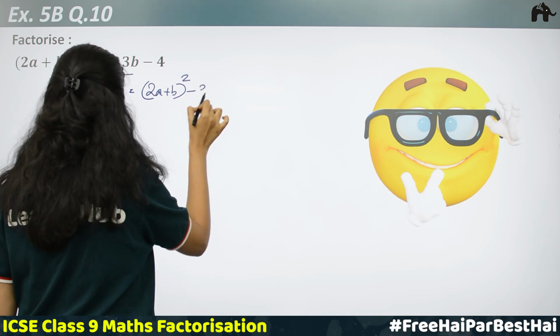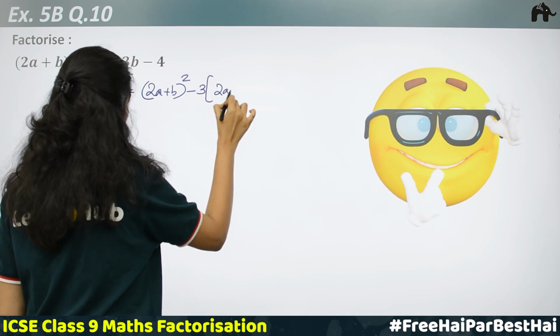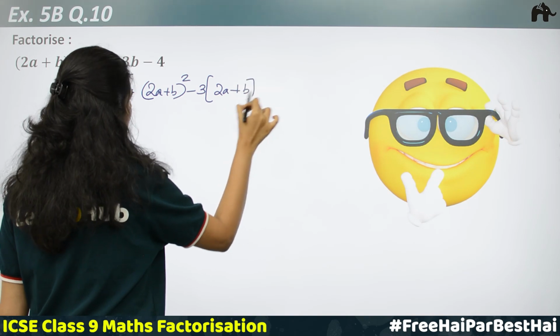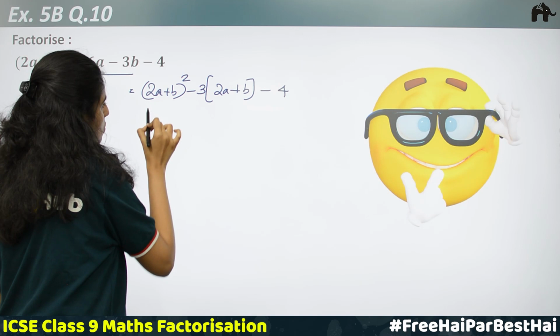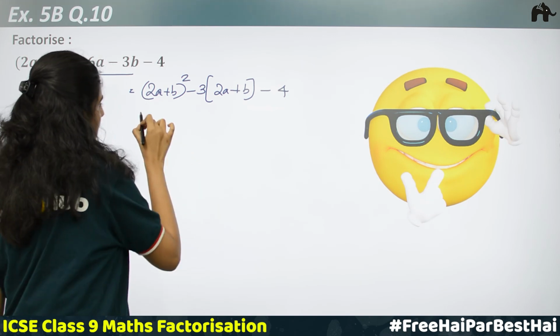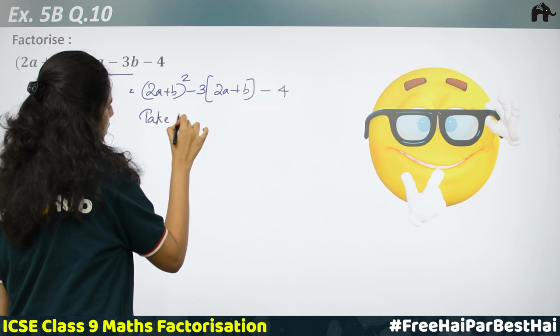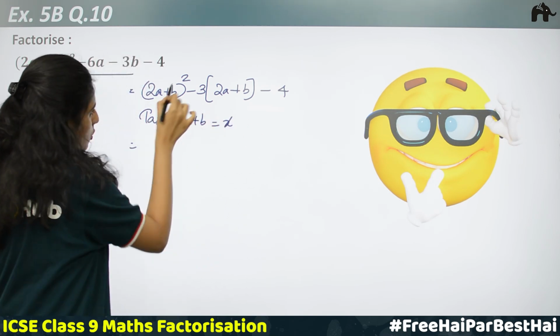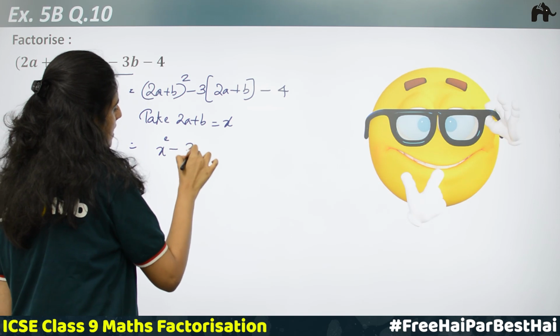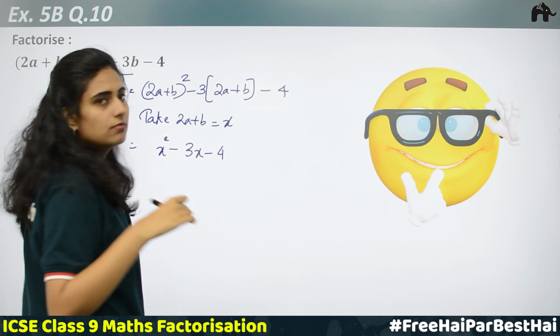So minus 3 taken out, remaining will be having 2a plus b minus 4. Okay. Now in this place 2a plus b, we take it as x. Take 2a plus b equal to x. Putting here you get x square minus 3x minus 4.